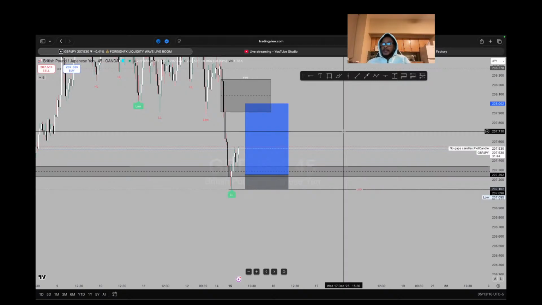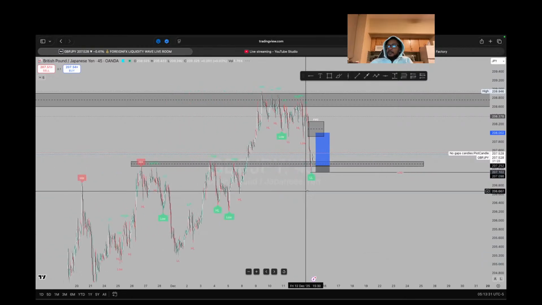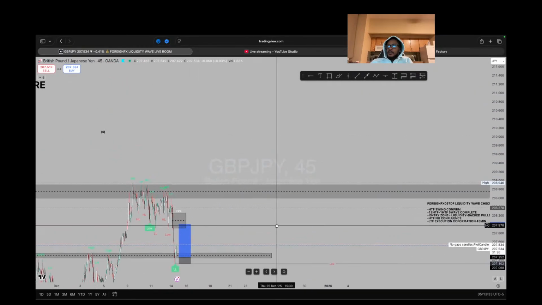I'm gonna be here until like 7 o'clock. If I don't see a valid setup by then, makes no sense to be on the chart. Where is it?